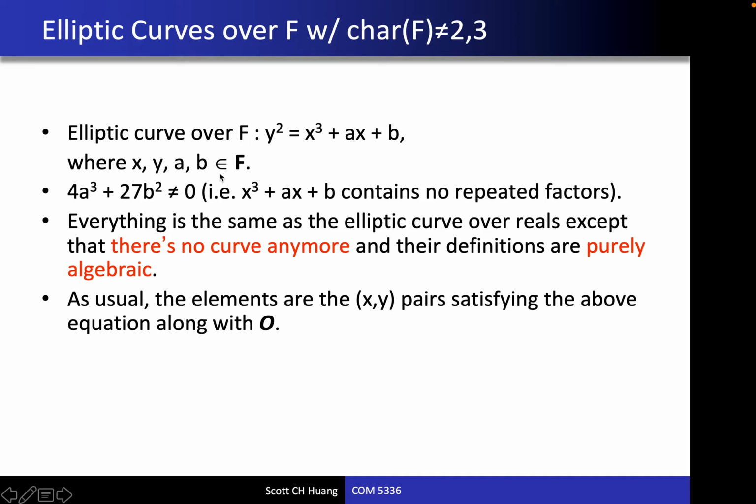Exactly the same thing follows. The discriminant is non-zero, otherwise there's no curve anymore. The definitions are purely algebraic, and the elements are these xy pairs. The only difference is that these x and y are in the prime field.